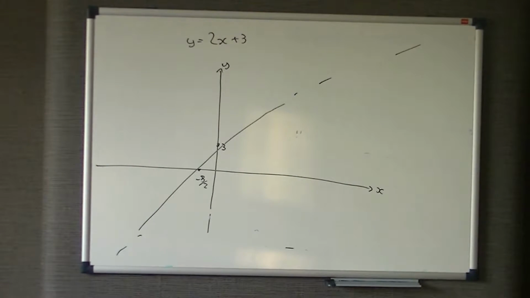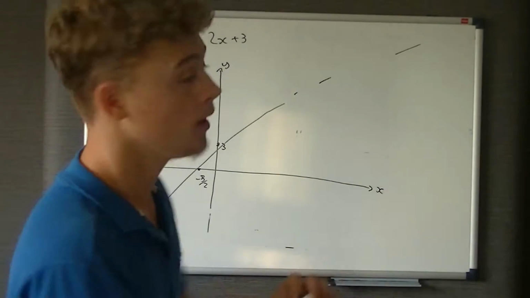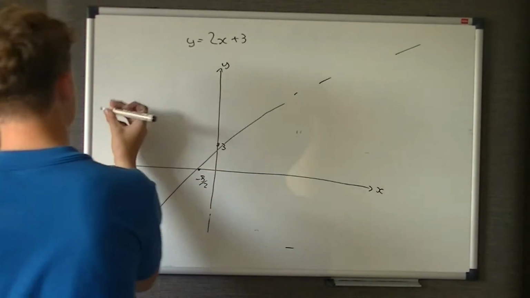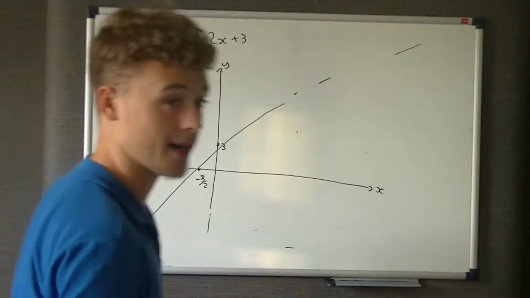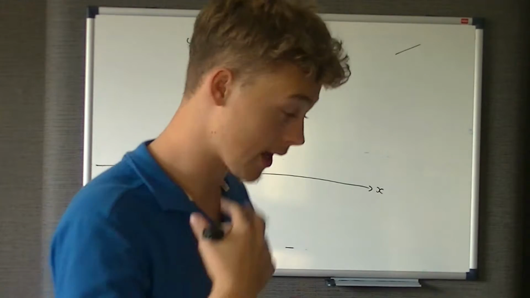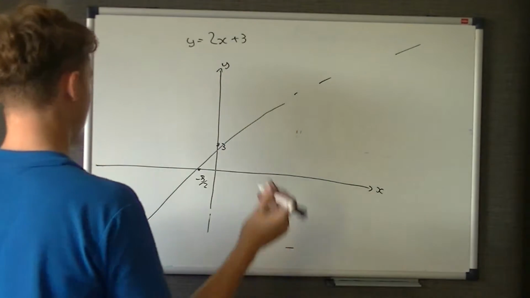What this actually is, is a one-to-one function. What we mean by that is for every y value we get one x value.